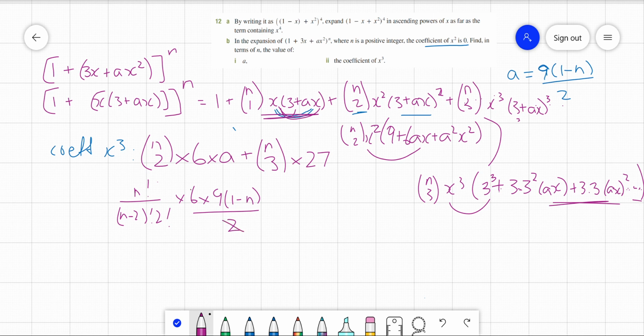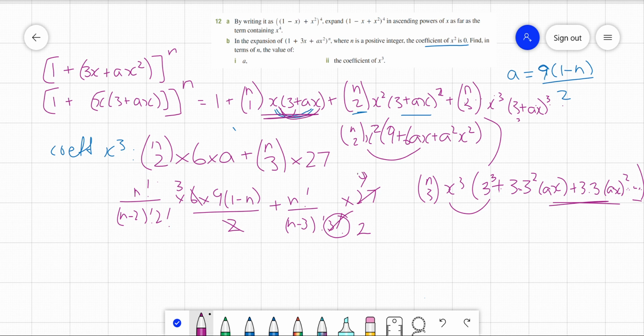So actually I'll just make that a plus n factorial on n minus 3 factorial, 3 factorial, times 27. So this 3 factorial we know is 3 times 2. So if I take the 3, just put the 2 there and cancel that, divide that by 3, that's a 9 there.